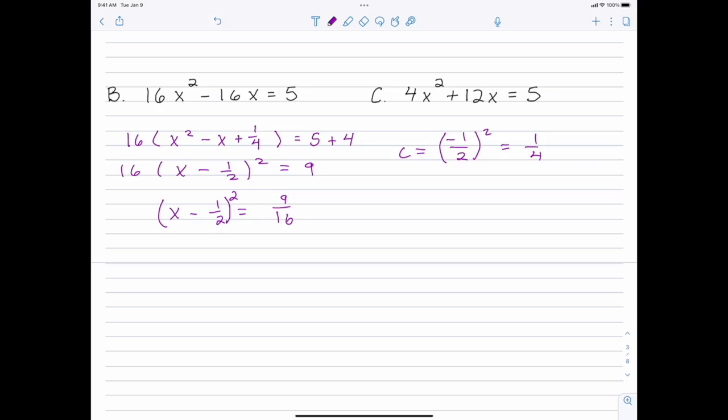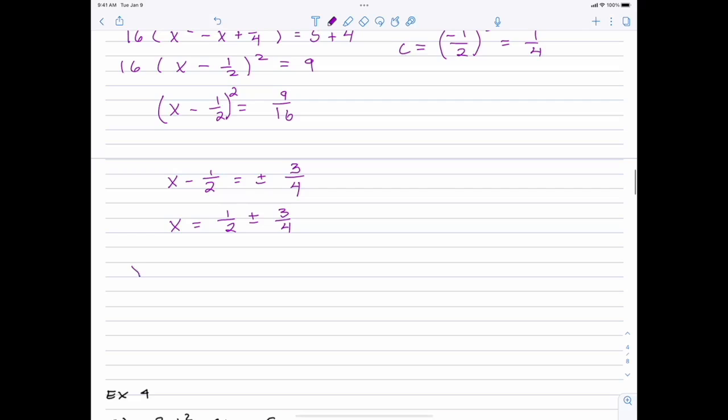So let's do that. I take the square root of both sides. On the left-hand side, I get x minus 1/2 equals plus or minus. The square root of the top, or the numerator, is 3. The square root of the denominator is 4. And then we get x equals 1/2 plus or minus 3/4. This we should combine.